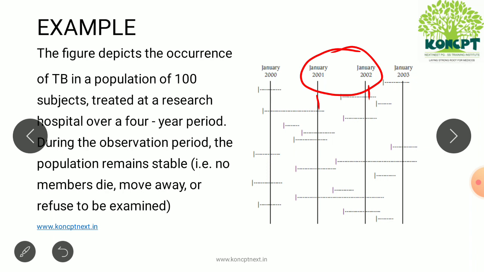And when we talk about point prevalence at January 2001, then we consider the dotted lines which are passing through the point of January 2001. They are all the cases which will be included, and the denominator will be 100. So that will be the prevalence.